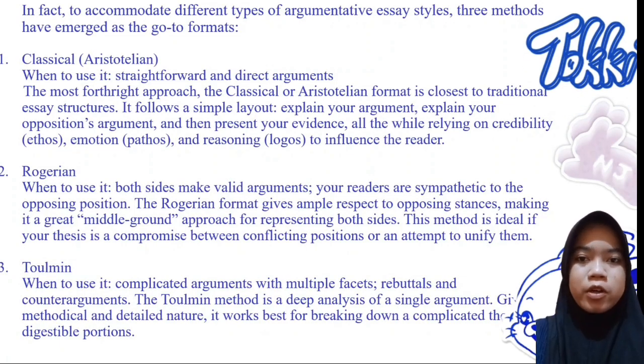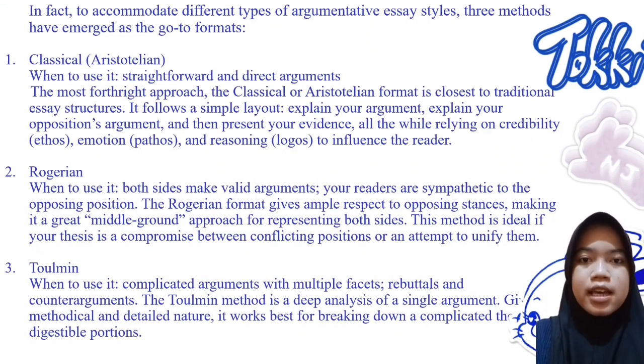In fact, to accommodate different types of argumentative essay styles, 3 methods have emerged as the go-to formats. 1. Classical Aristotelian. When to use it: straightforward and direct arguments, the most common approach.